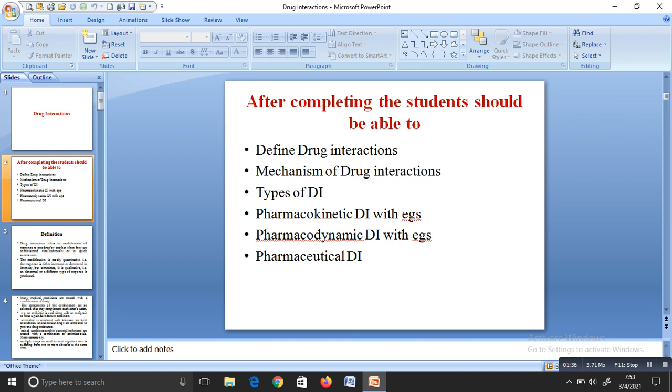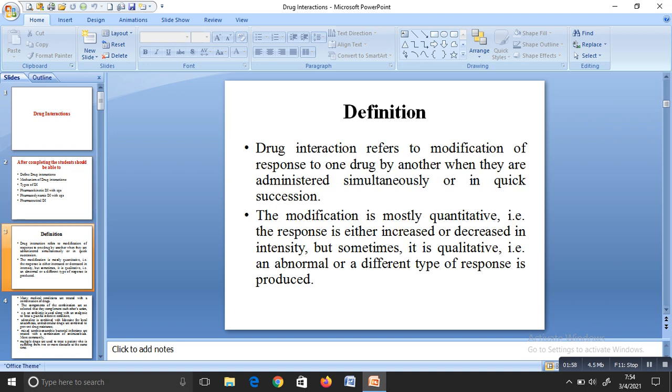That is the simple definition, and now the exact definition. If you are taking two or more drugs together, one will be interacting with the other, and it may reduce the response of the other drug, or it may increase the response of the other drug. That is drug interaction.